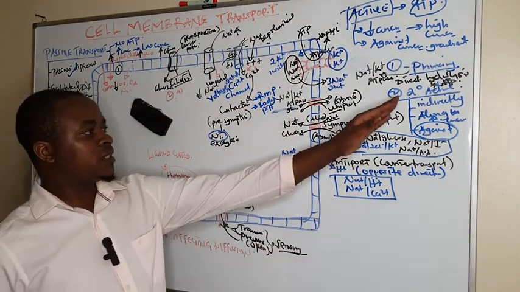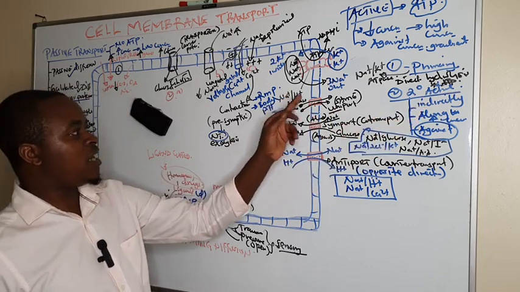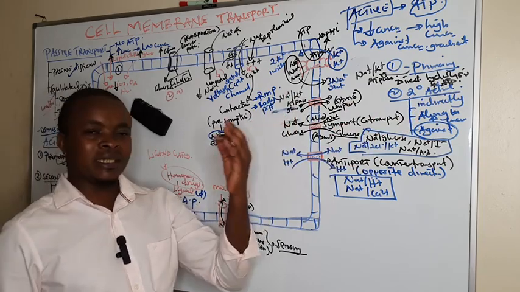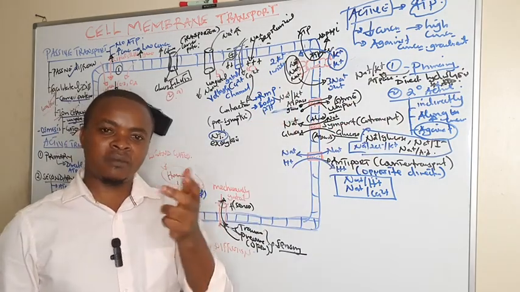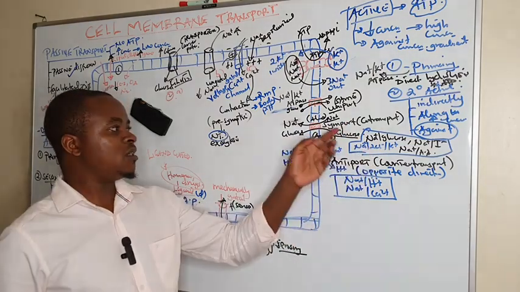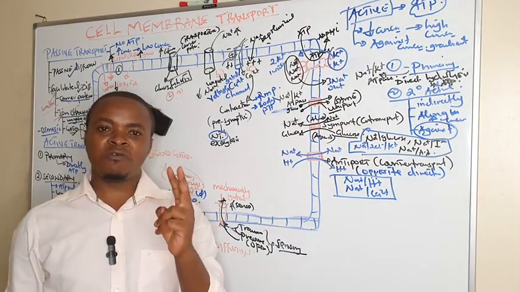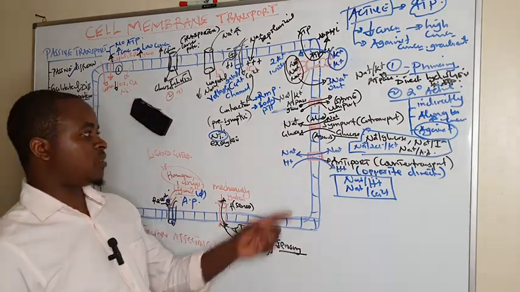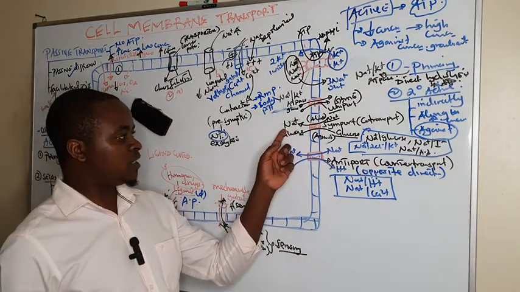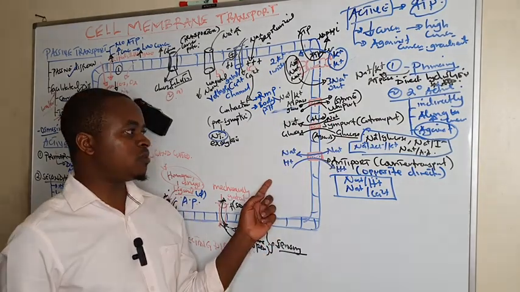Then for the secondary, we said they use ATP indirectly, whereby we had a uniporter, where the same molecules move in the same direction. Then symporter or co-transport, two different substances moving in the same direction. For example, sodium moving inside, and also glucose follows. That is what we call a co-transport.